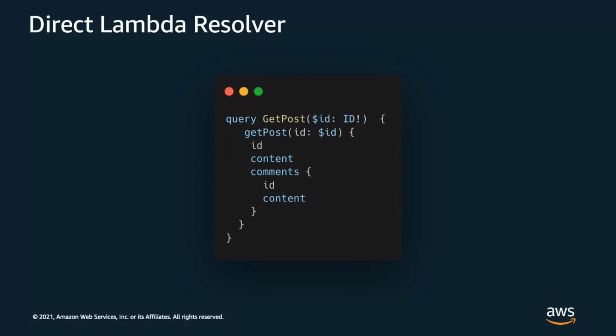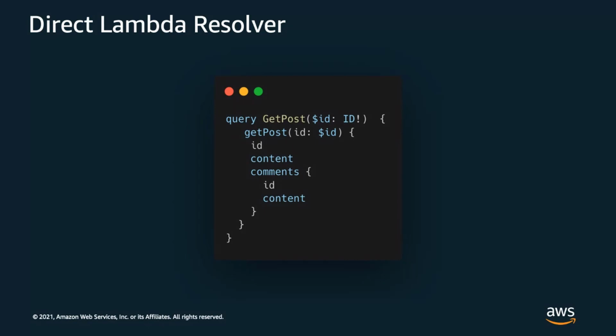We may have a post type and a comment type, and post and comment entries are stored respectively in the RDS table posts and the RDS table comments. And let's say we also have a get post GraphQL query, and that query is attached to a direct Lambda resolver to query the relational database. Because again, as we mentioned, you need an AWS Lambda function to query a relational database on Amazon RDS.